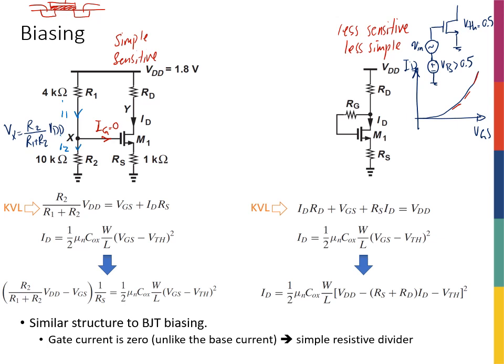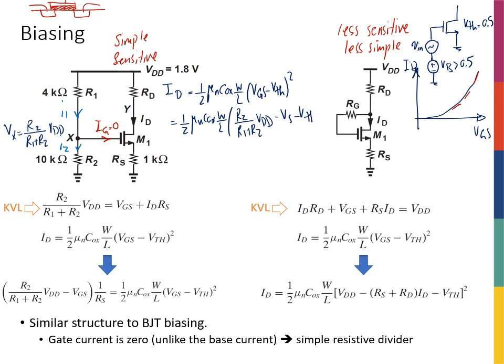Now, since I know that the drain-source current of a MOSFET in saturation is half mu n Cox W over L (VGS minus VTH) squared, and that my gate voltage is basically this expression, I can rewrite this current as 1 over 2 mu n Cox W over L, times R2 over R1 plus R2 VDD minus VS minus V threshold, squared.